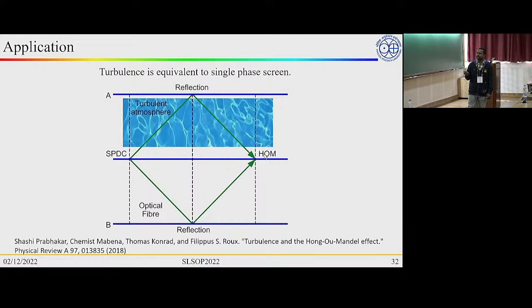This will have application where your SPDC photons are generated somewhere, one goes through the turbulence and one goes through an optical fiber with much less loss and much less turbulence effects. In those cases you will certainly get perfect visibility. So if you have any application where this is needed, this study will be useful.